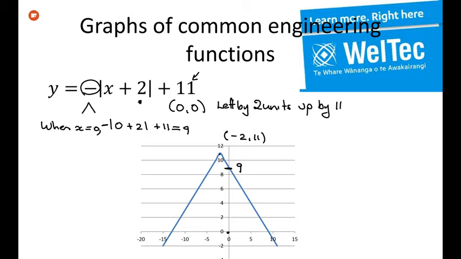We then need to find where it cuts the x-axis. We need to find these two numbers down here. Okay, we need to find when y is equal to 0. So we need to find that -x plus 2 plus 11 is equal to 0.